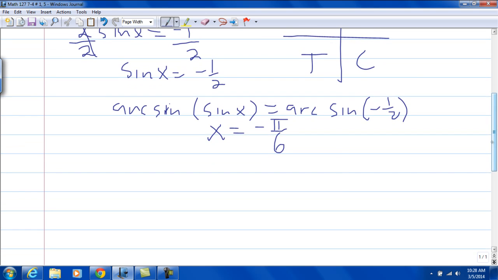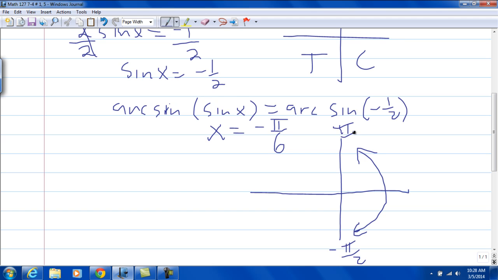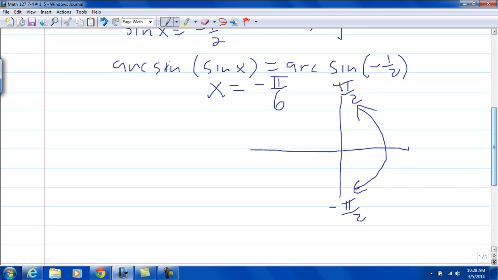Now, let me just reference something here. Arc sine is going to give us values from negative pi over 2 to pi over 2. We want the values for this, and it gave us the value down here in this fourth quadrant, negative pi over 6. But if we want to talk about this from 0 to 2 pi, we have to figure out what it's going to be in that third quadrant and that fourth quadrant.